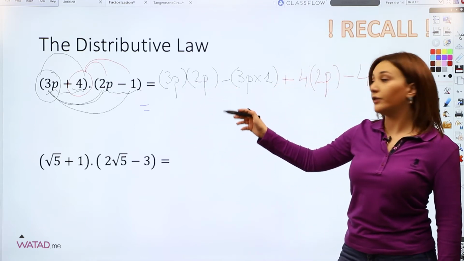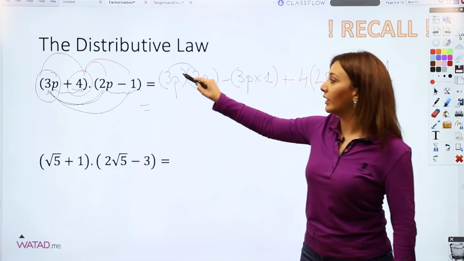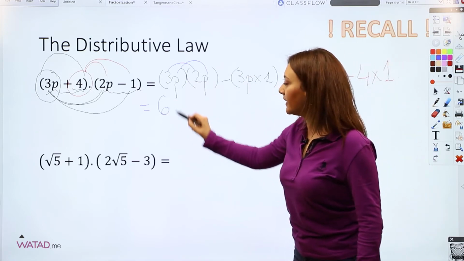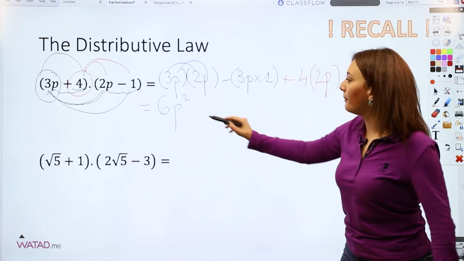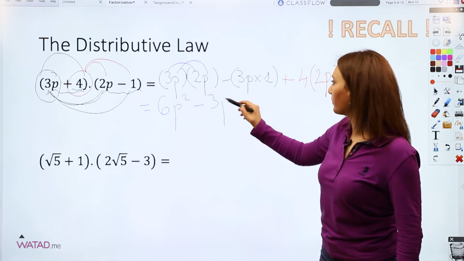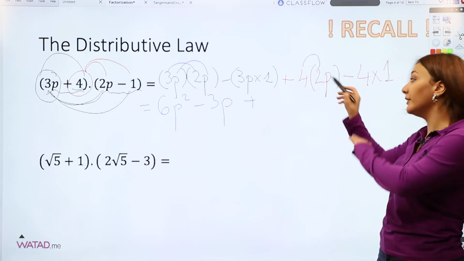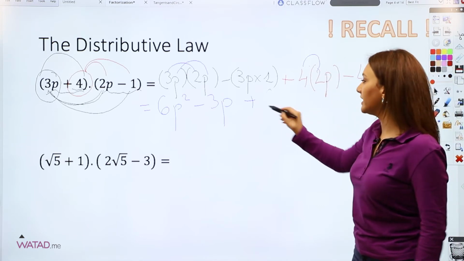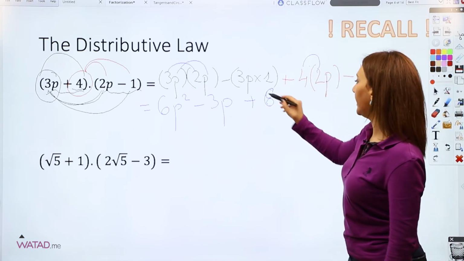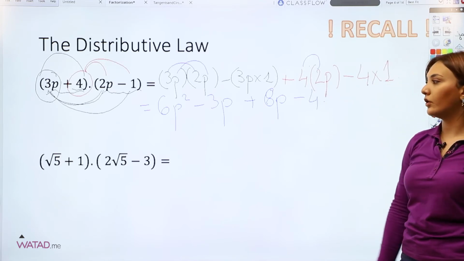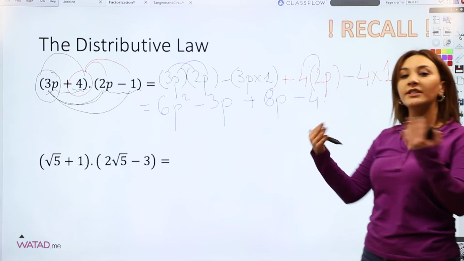3p multiplied by 2p, this is 3 times 2 and p times p. Do not mix them together. So this is 6p squared minus 3p plus 4 times 2 and 1 times p. So this is 8p minus 4. Okay? Now I should reduce them.